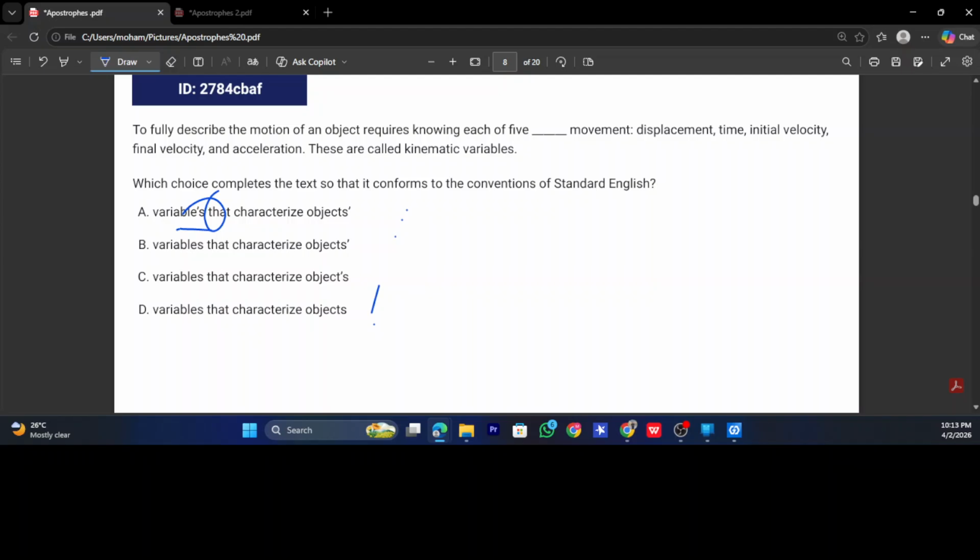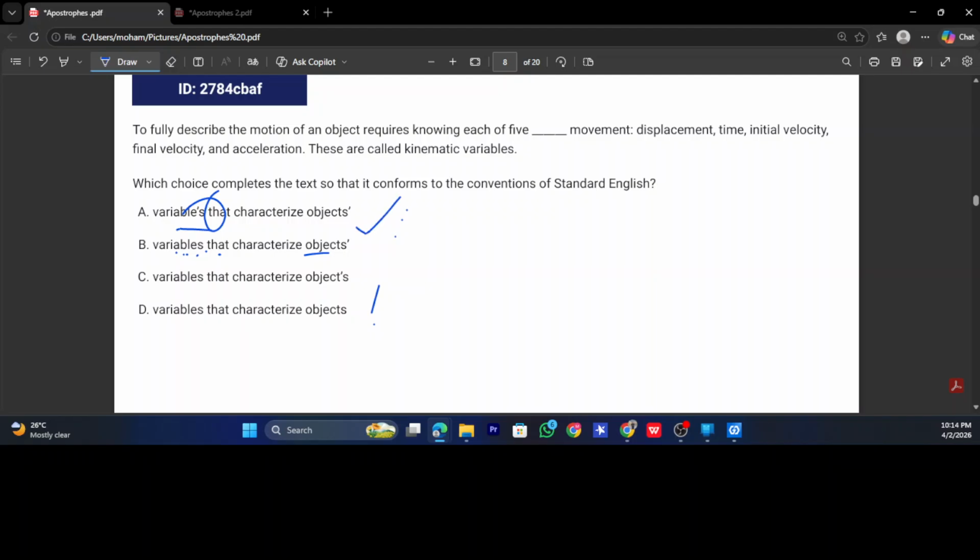The correct answer has the plural variables that characterize the object, indicating there are multiple variables, and the singular possessive noun object's correctly indicates the movement of the object being discussed.